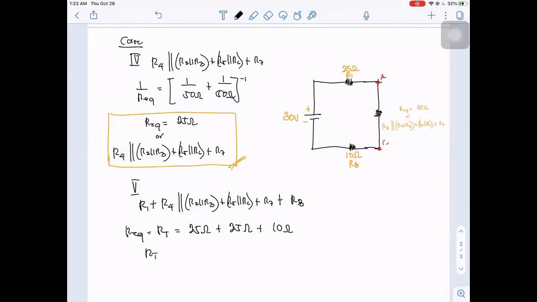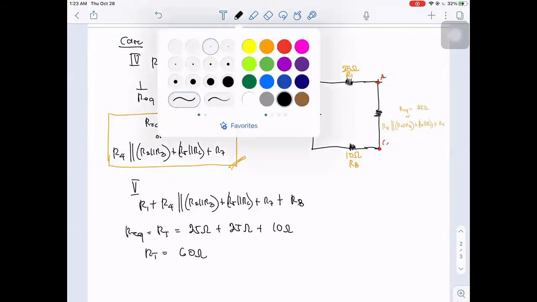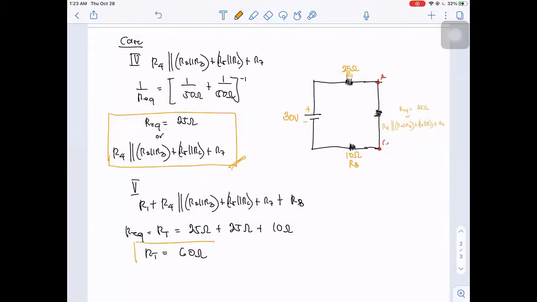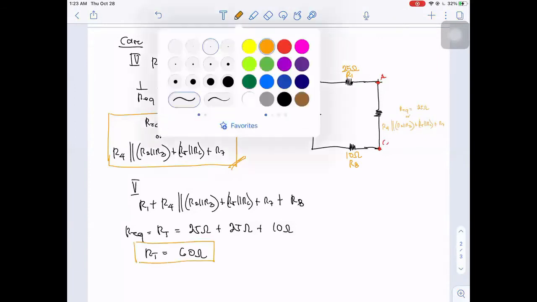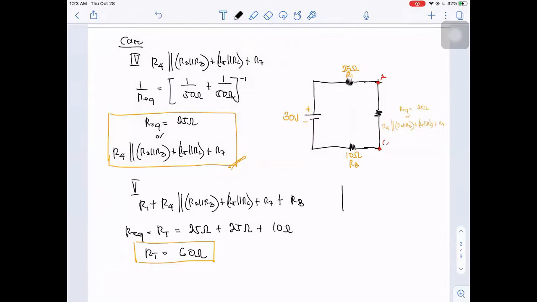So our RT is equivalent to 60 ohms. And for the equivalent circuit, this is now our 30 volt supply, and we have our REQ, or R total, which is equivalent to 60 ohms. This is 30 volts, positive, negative.